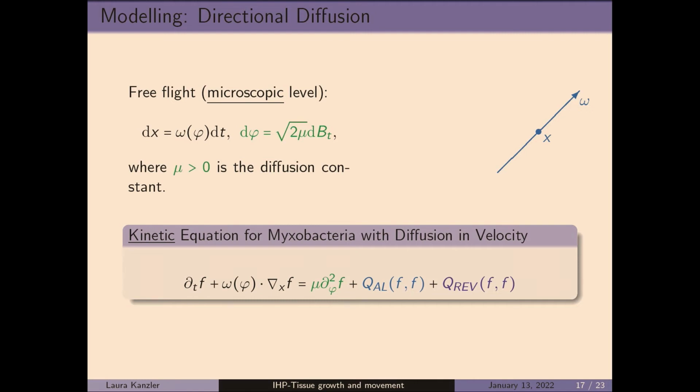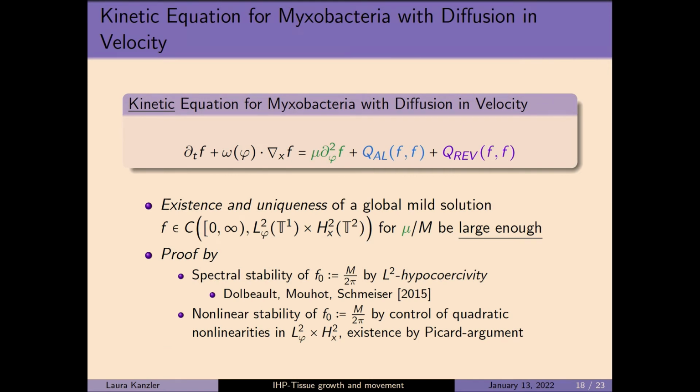Because one can think that if the diffusion is strong enough, then the uniform distribution becomes stable. And indeed, this is what happens, summarized here in the main results. We could prove existence of a global mild solution, this time in an L2 setting, because of the regularizing effect of the diffusion.